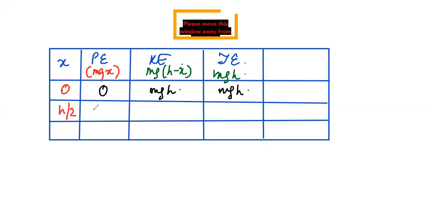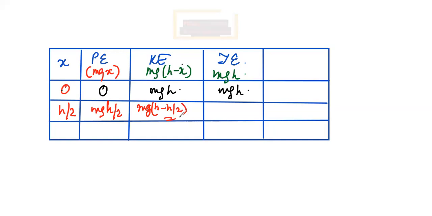Instead of x, if you put h by 2, you'll get mg h upon 2. And if you put it in this, it will be mg(h minus h by 2), so that will be once again mg h by 2. You can see over here, potential energy and kinetic energy are the same. But one thing you can see, the total energy is once again mgh.